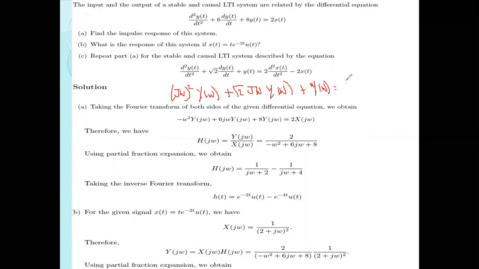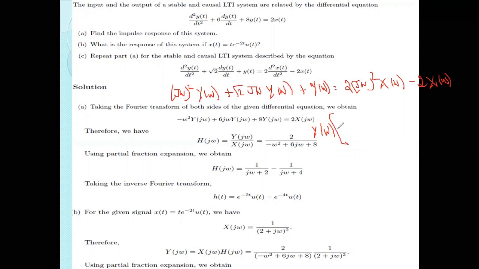The Fourier transformation is j omega whole square into y of omega plus root 2 into j omega into y of omega plus y of omega is equal to 2 into, this is the second derivative of x of t, also j omega whole square into x of omega minus 2 into x of omega.